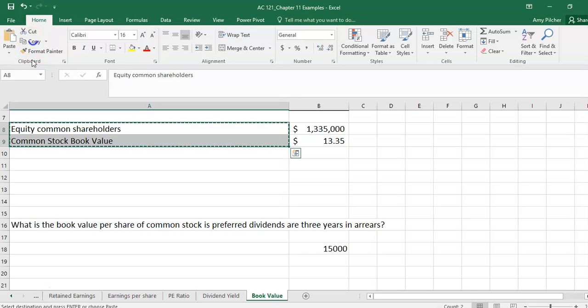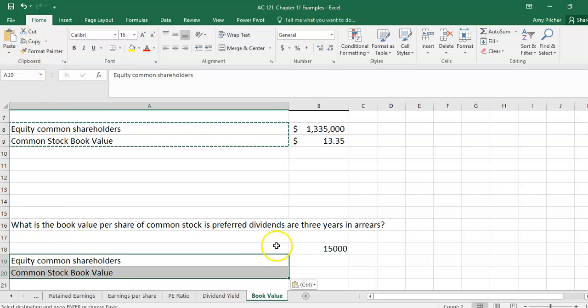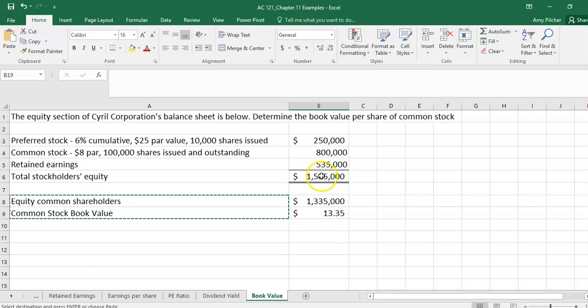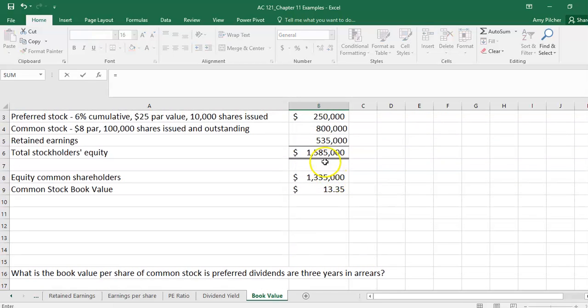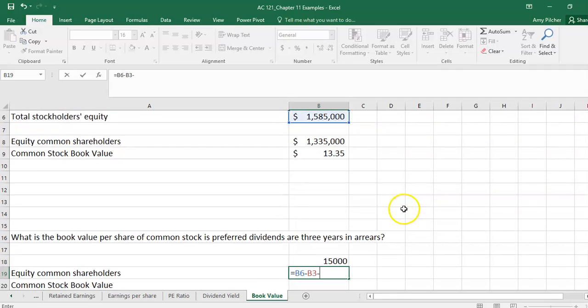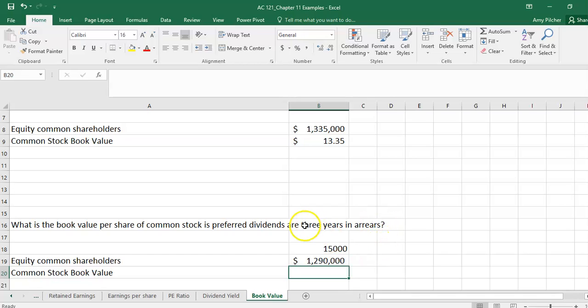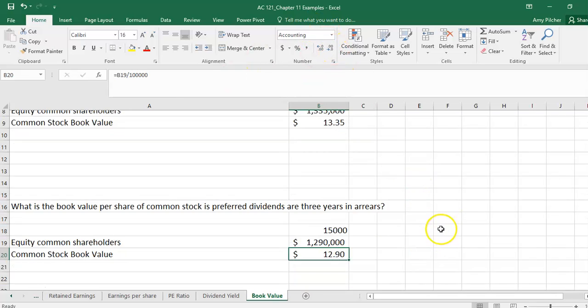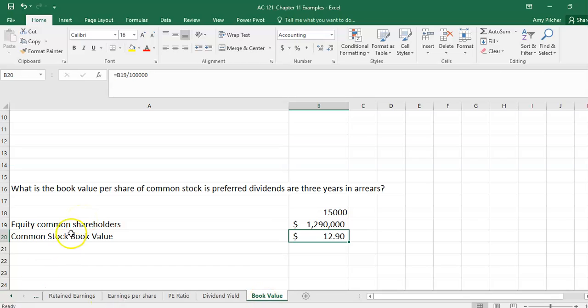So now the equity available to common shareholders is our total stockholders' equity minus the preferred stock minus 3 years of dividend payments. 15,000 times 3 is 45,000. So we would take that amount divided by our 100,000 shares outstanding, and our common book value is $12.90. Those are all of the examples from chapter 11.